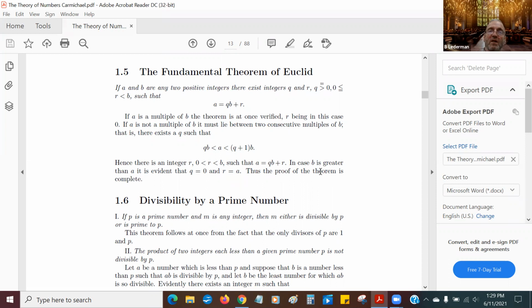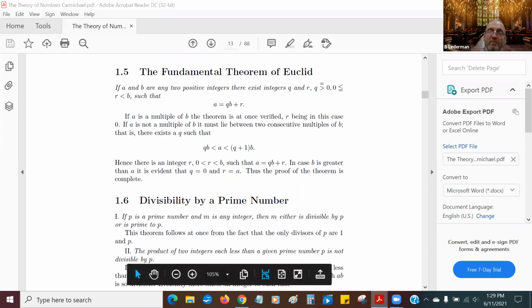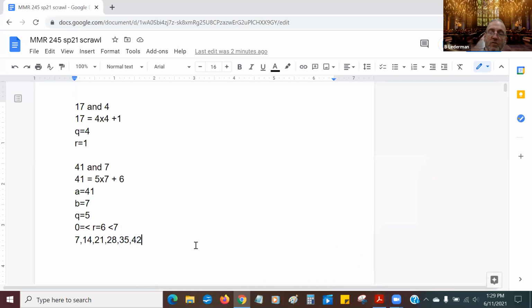Now, what does that last line mean? If B is greater than A, what does it really mean? Suppose we had a case where A was 7 and B was 41. Then Q is just going to equal 0 and R is just going to equal 7.